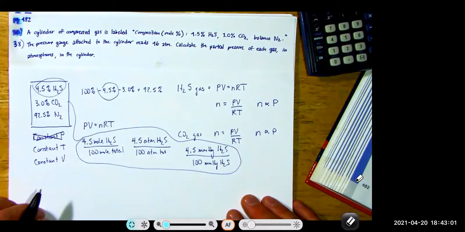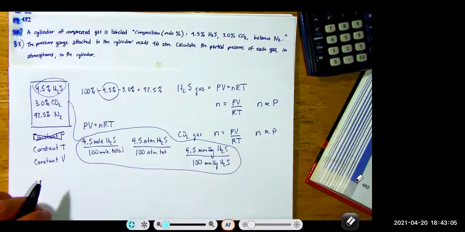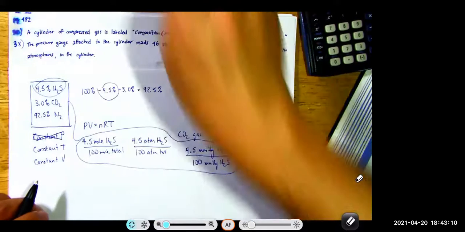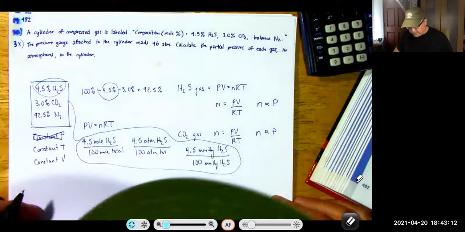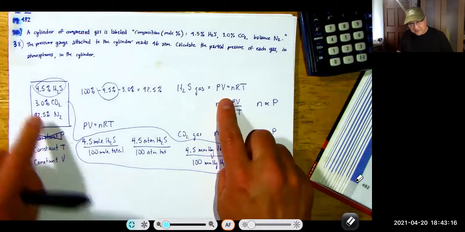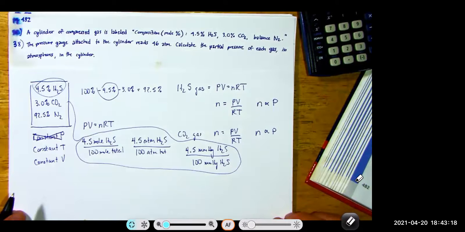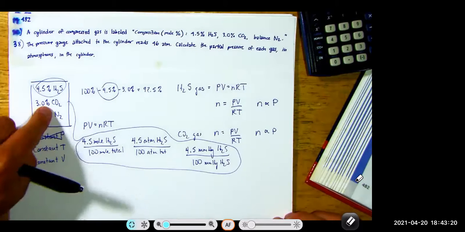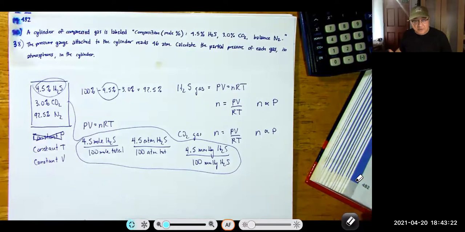So anytime we're using the ideal gas law, we can use the fact that moles and pressure are proportional? No. This is a special case where the volume and the temp are the same. If these gases were in different containers, there's no guarantee that the temperatures of each container would be the same.